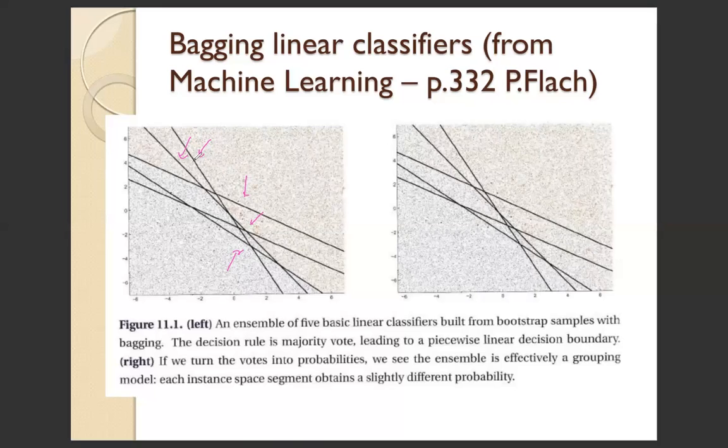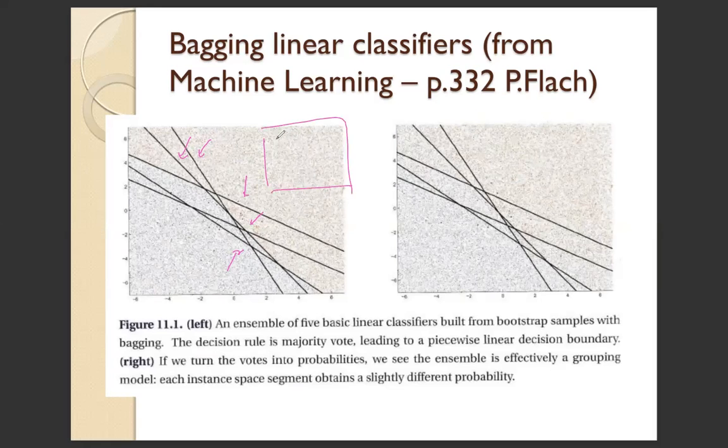Decision rule is majority vote leading to piecewise linear decision boundaries. Okay. So basically your decision boundary will be like this. You basically combine all of them together.